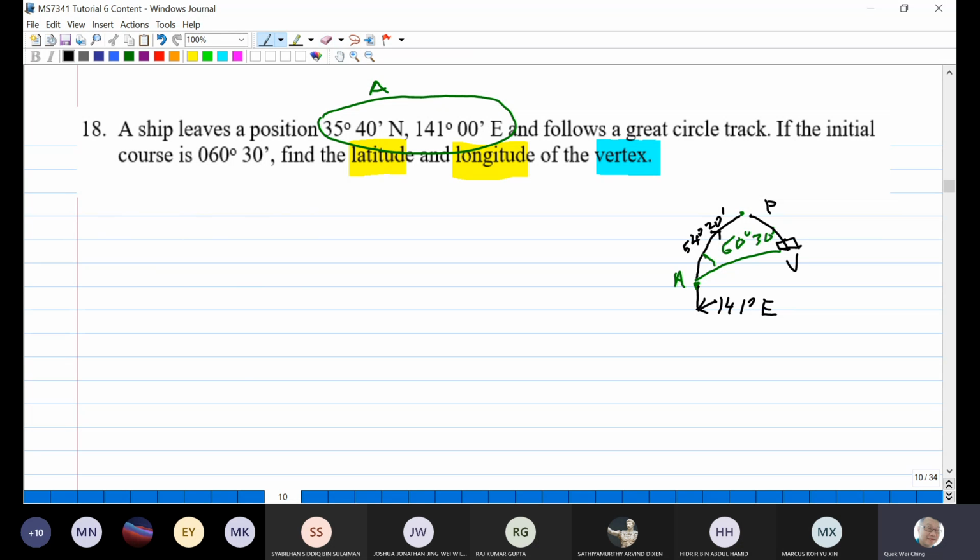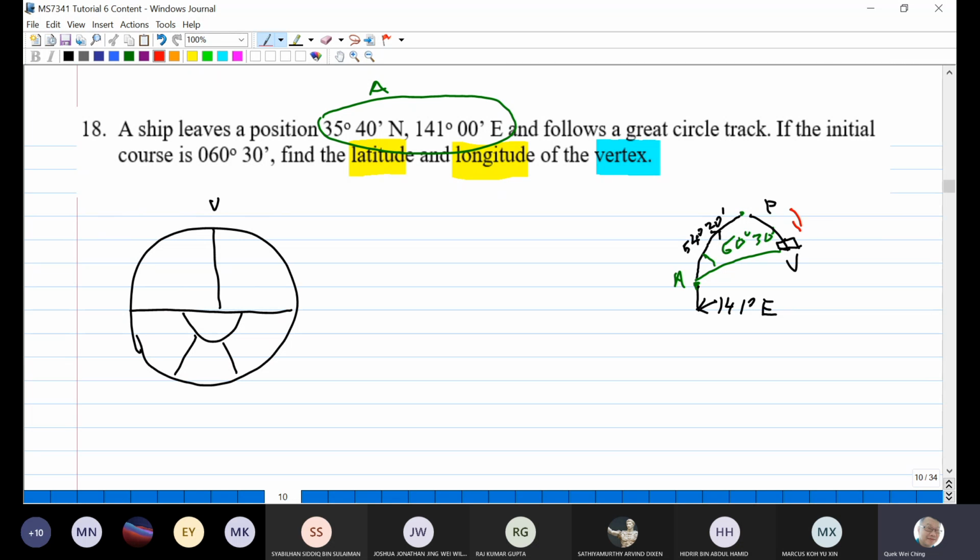Napier's wheel will look like this: the upper half is divided into two parts, the lower part into three parts. V is 90 degrees. Go from P to V first: PV, which I don't know yet.